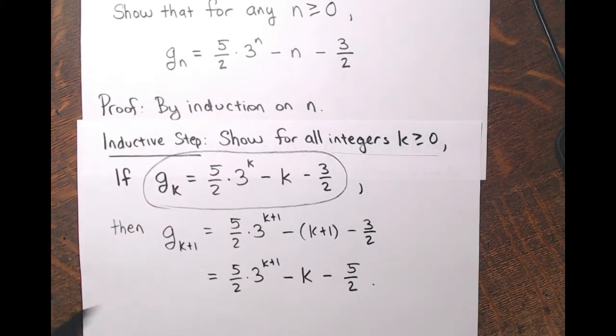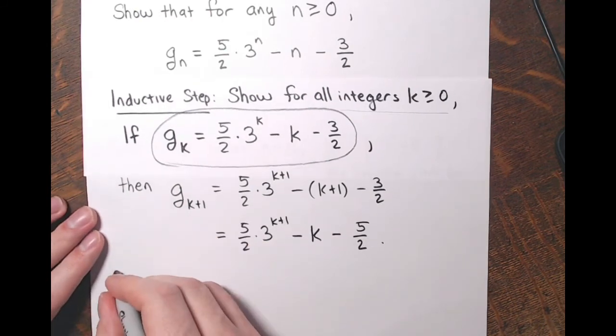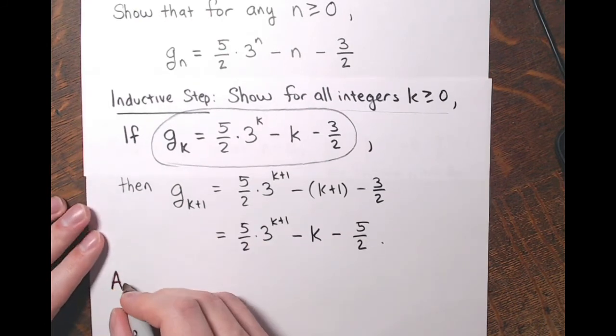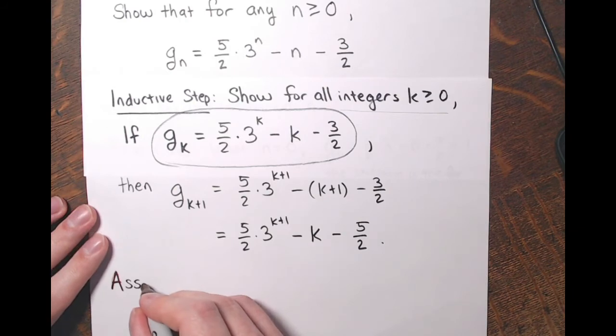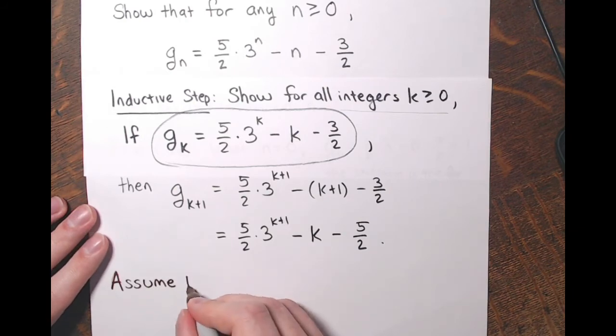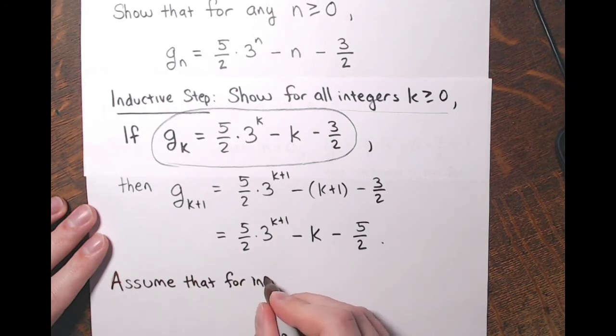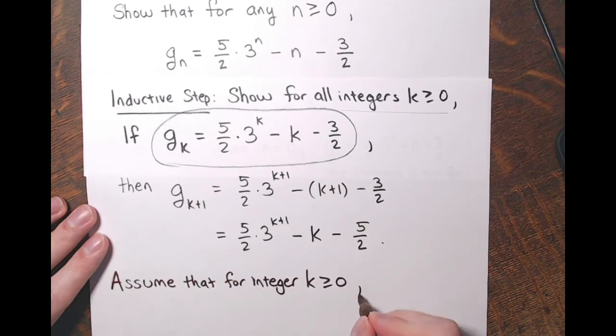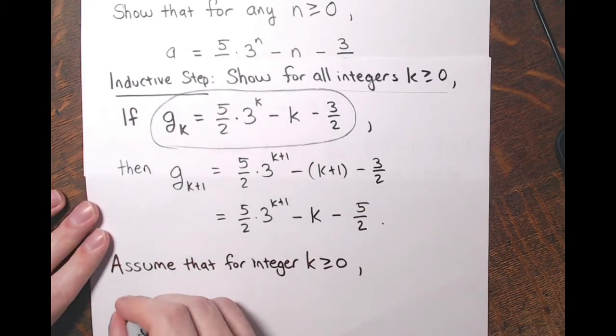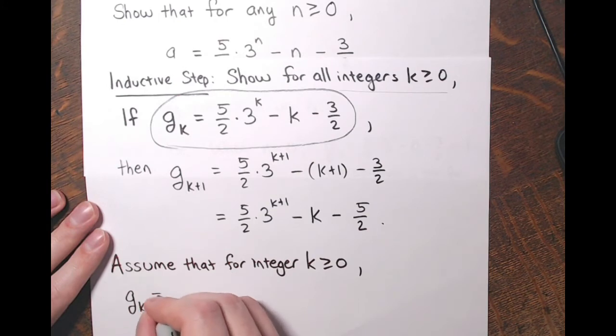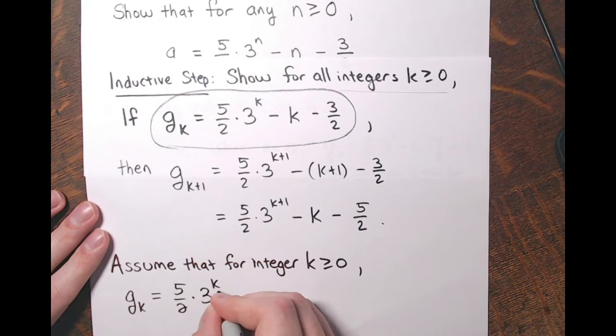Alright, so our inductive hypothesis, what we're going to assume, is that for integer k greater than or equal to 0, g sub k is equal to 5 halves times 3 to the k minus k minus 3 halves.